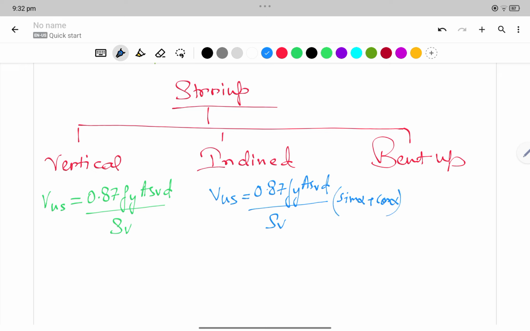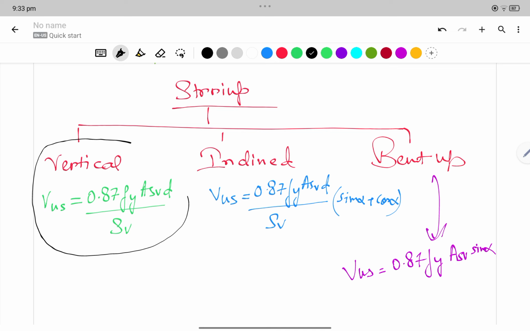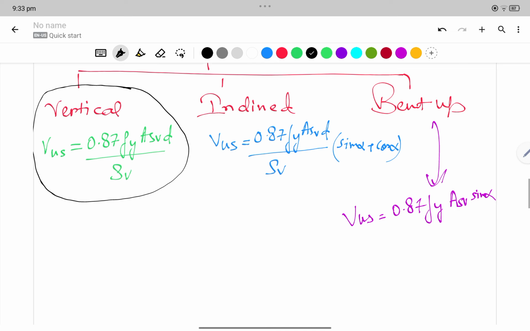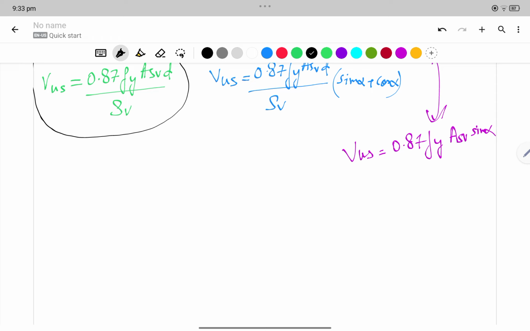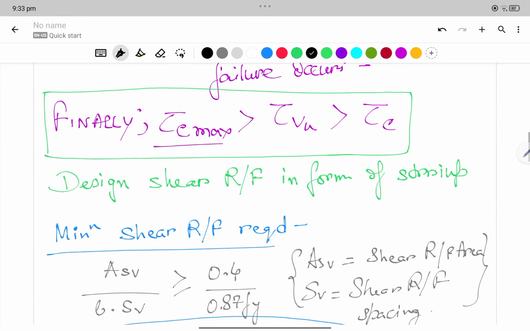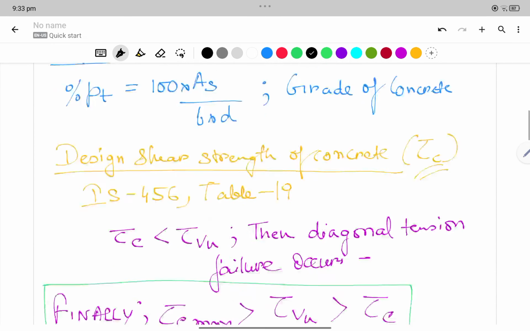And the bent up formula is VUS equal to 0.87 Fy ASV sin alpha. If nothing is given in the numerical about which type of stirrup, we will take the vertical stirrup only.